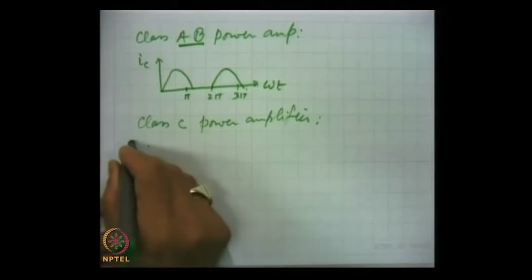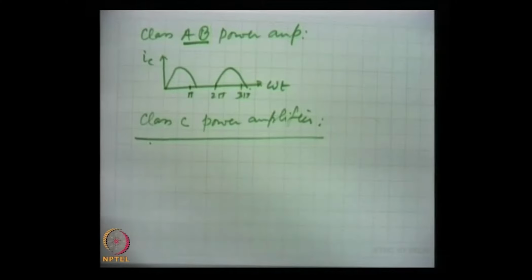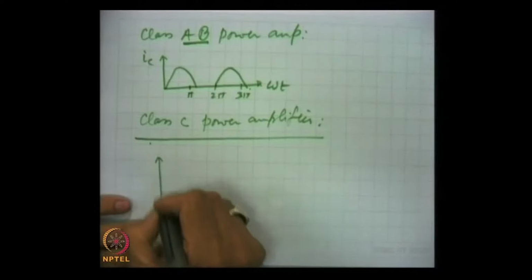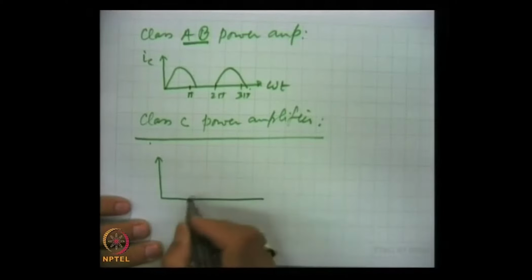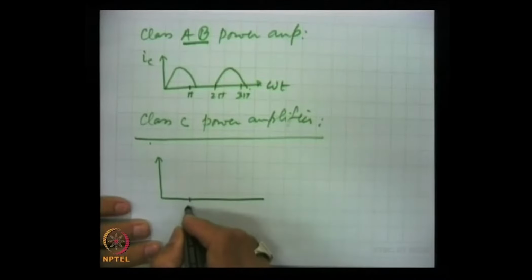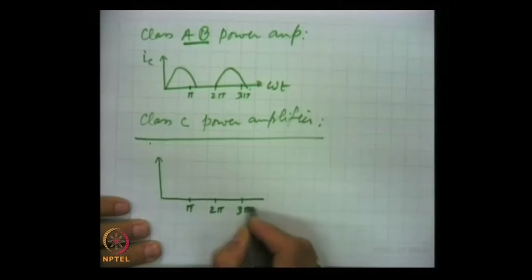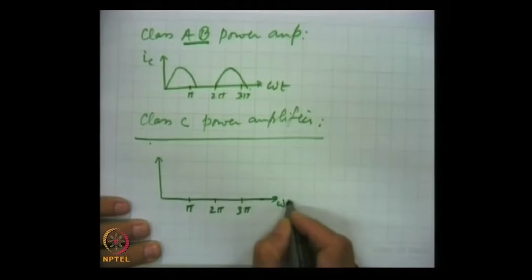When this happens, the output will contain sharp pulses only, like this. This is pi, 2 pi, 3 pi, and this is omega t.